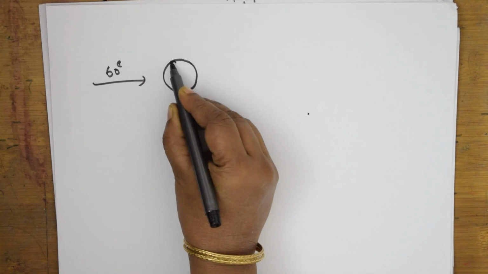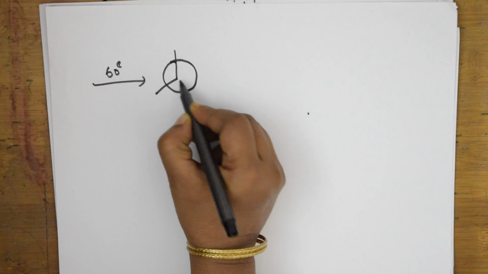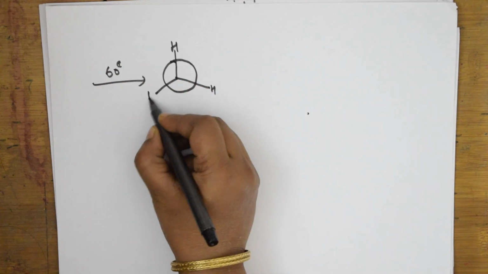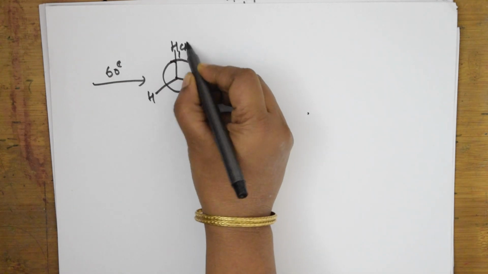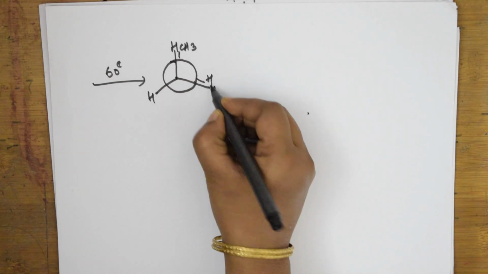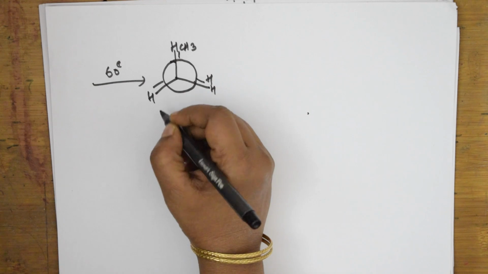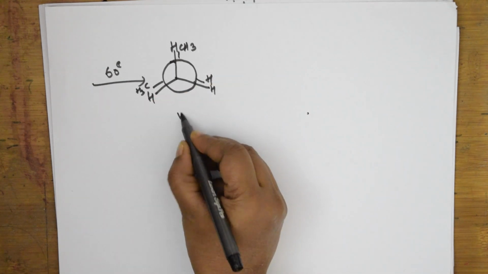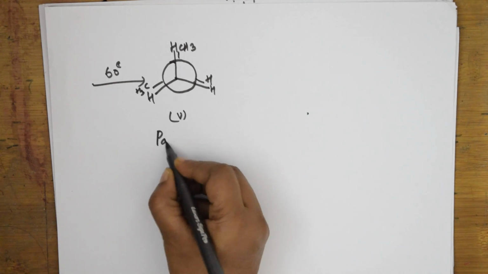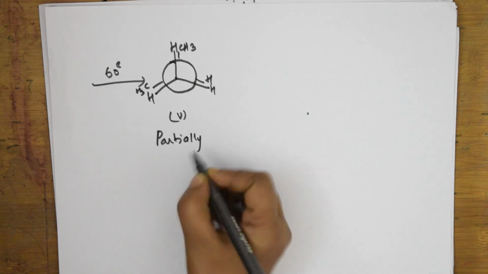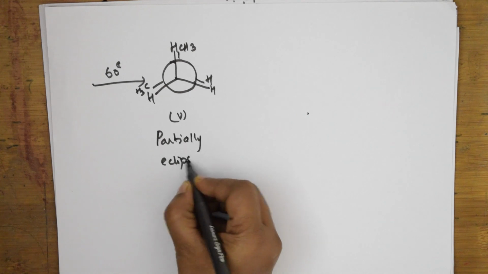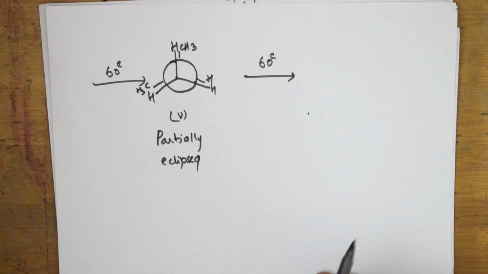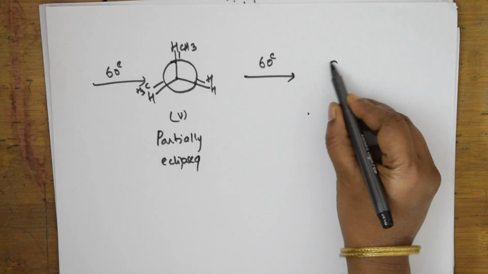This looks like hydrogen, hydrogen, hydrogen, CH3, hydrogen, and CH3. This is the fifth one. This is called partially eclipsed. Further, we'll rotate this by 60 degree.